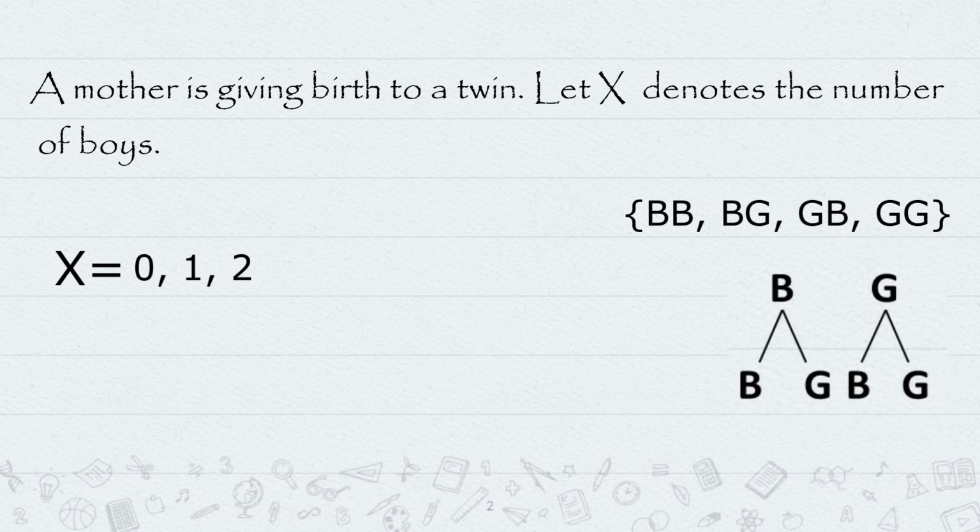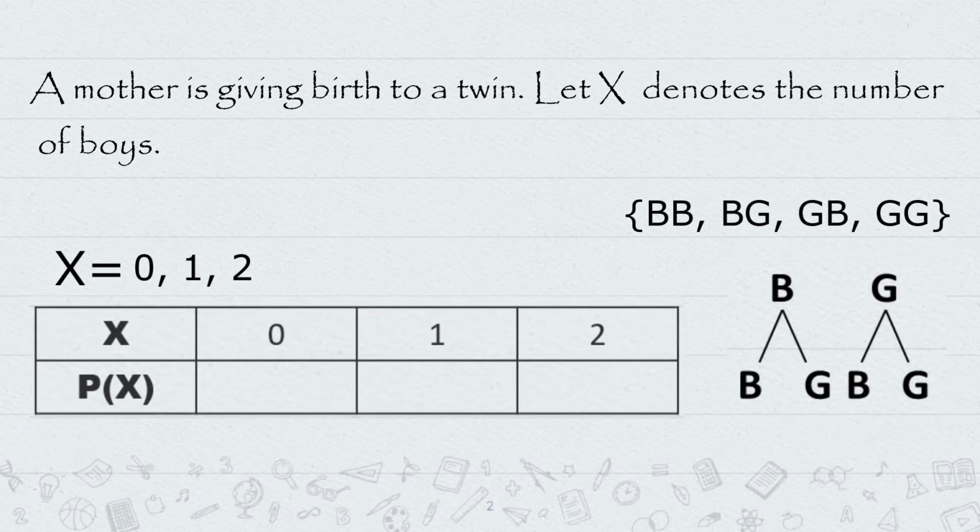Let us construct the probability distribution x, and we have probability of x. What is the probability of 0? Anong probability na walang boy? So, mayroon tayong 4 na possible outcomes at isa lang dyan yung possibility na walang boy. So, we have 1 out of 4 or 1 over 4.